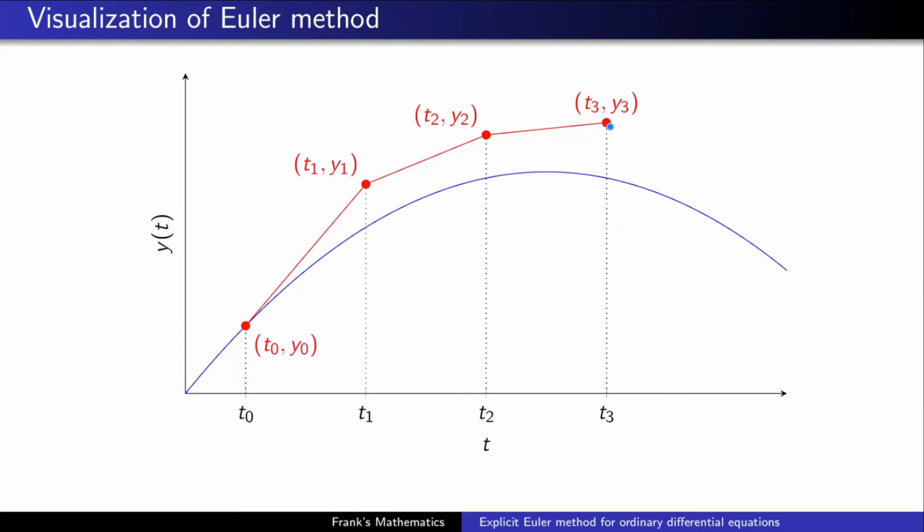So the distance of y3 to the actual solution might be bigger than here. So we have an increasing error over time. And this might cause some issues which you will see later on. So you see, we get an approximation of the real solution.